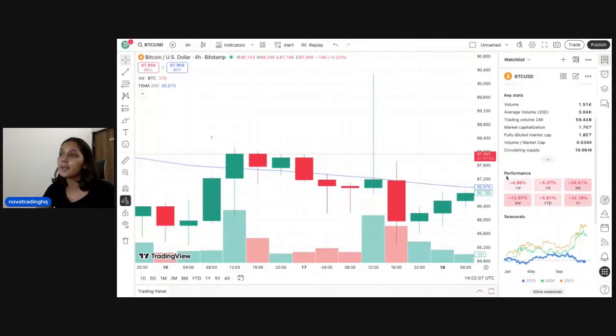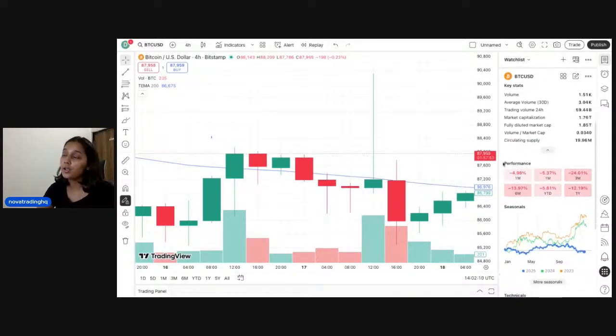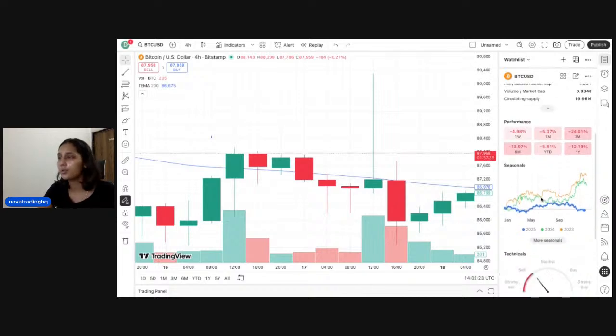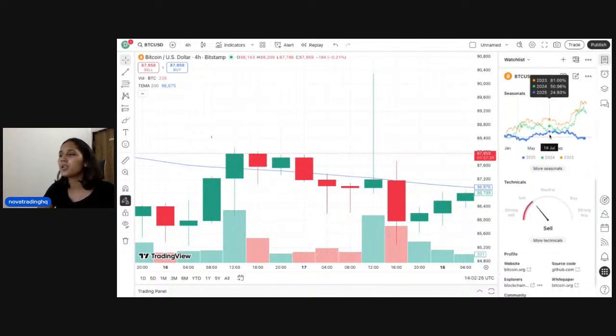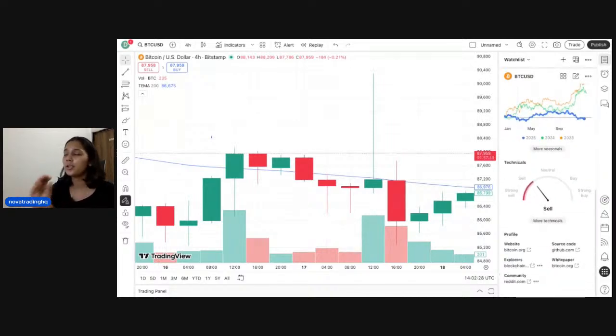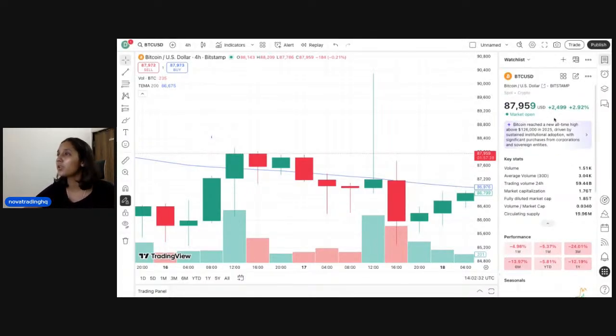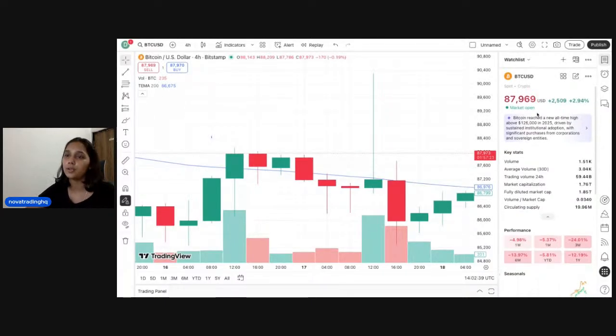Secondly, it's important to check the performance metrics: how the particular coin was performing in the last 1 week, 1 month, 3 months, 6 months, and 1 year. I'm not saying you should spend a ton of time reading this data, but quickly take a look at how it is performing.